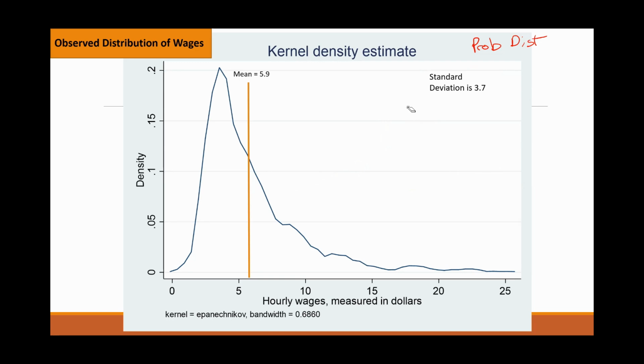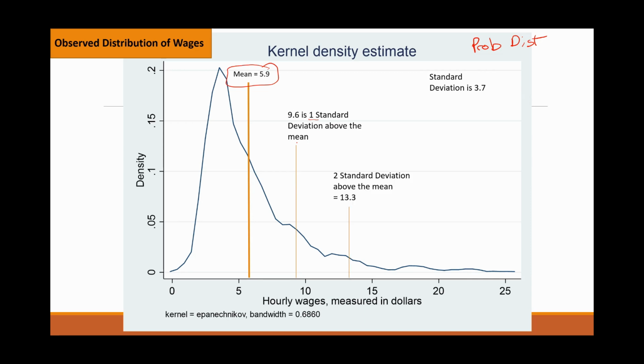Okay. Now, another thing that's valuable about the standard deviation is we can actually see values according to how many, quote, standard deviations they are away from the mean. So, for example, in this distribution, the mean is 5.9. The value 9.6 is one standard deviation above the mean.